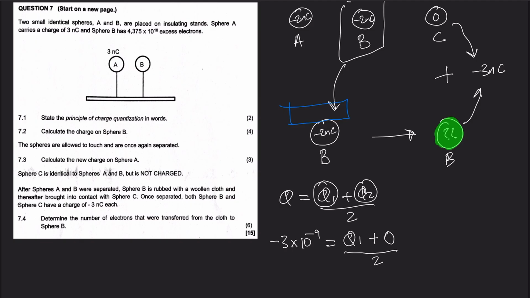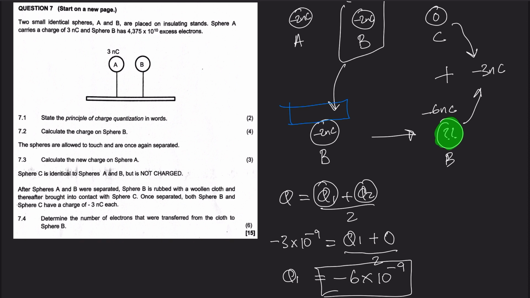Now we can work out what this charge is. So we'll say Q1 equals 2 times minus 3 times 10 to the minus 9. That's minus 6 times 10 to the minus 9. So what this is telling us is that after the woolen cloth was rubbed on B, B had a charge of minus 6 nC, right?